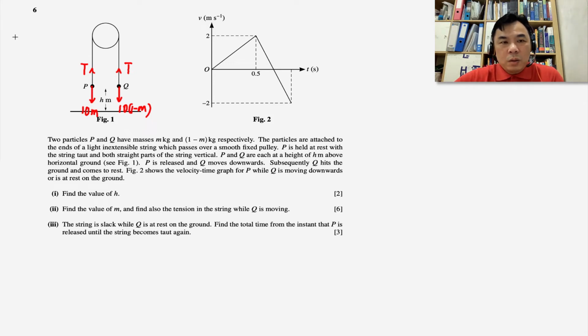Due to the condition of mass Q greater than P, we know the mass Q is 1 minus m, whereby mass P is just m. By rearranging this, we will find that the value m itself is less than 0.5.